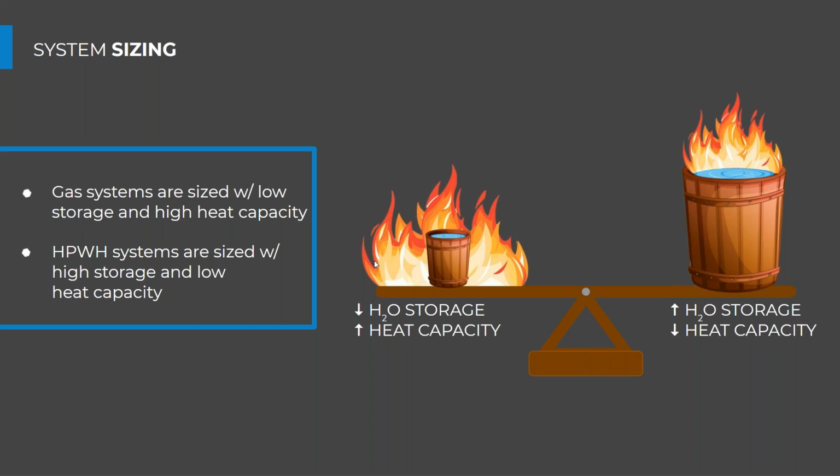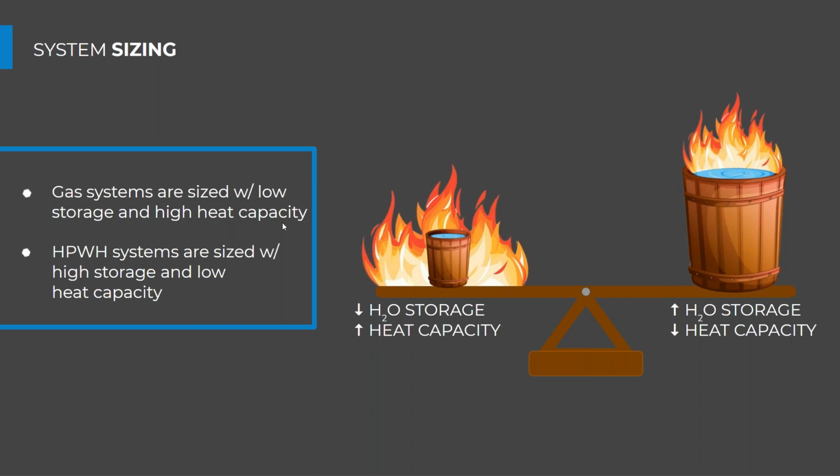We can trade off between our heat capacity and our storage volume, and that's one thing I want to highlight. Typically, gas water heating systems have been sized with a very low storage volume and a high heat capacity, because it's cheap to buy more gas heat capacity.